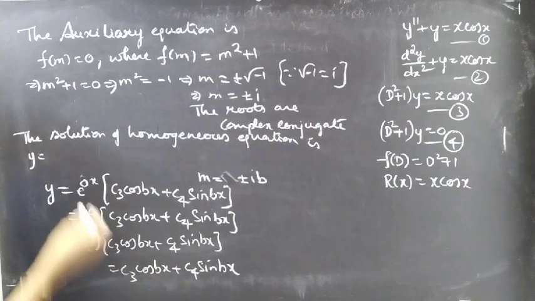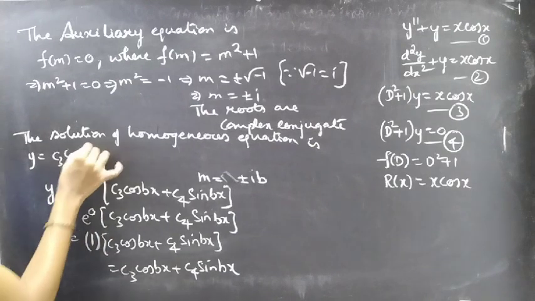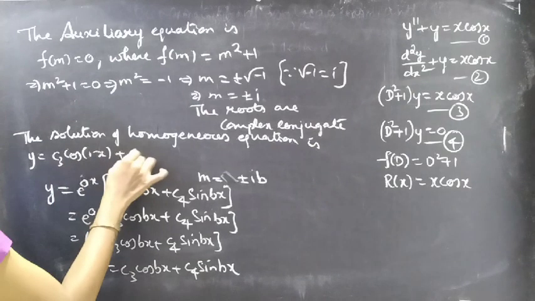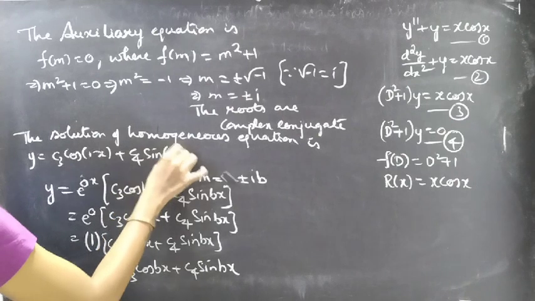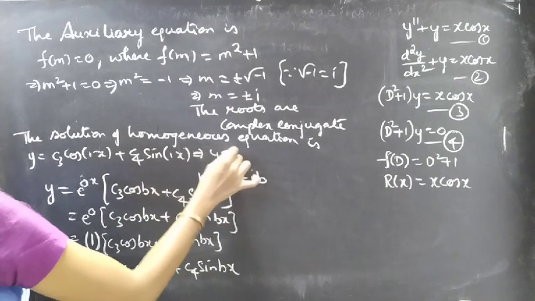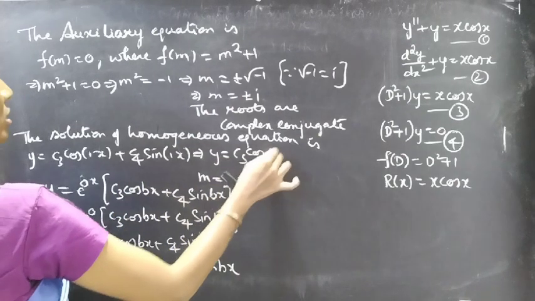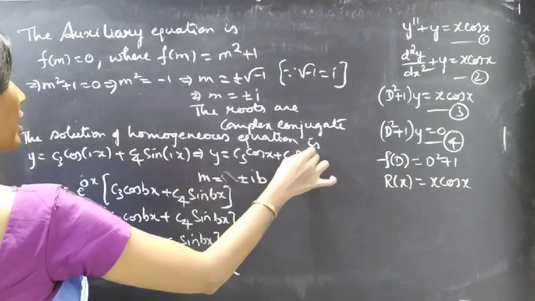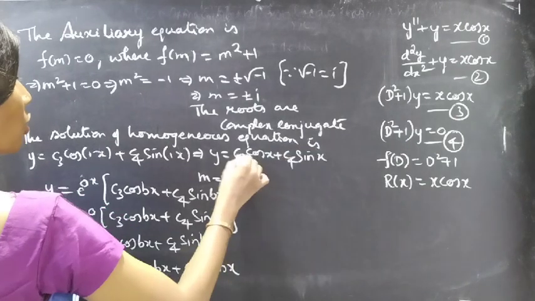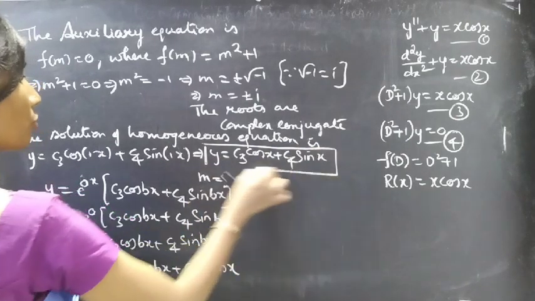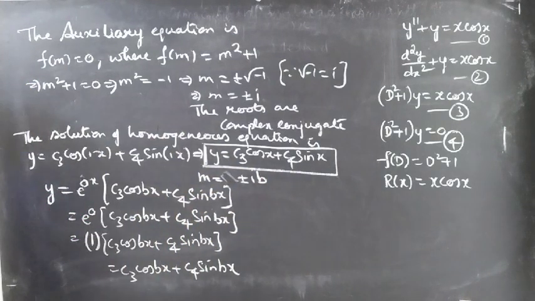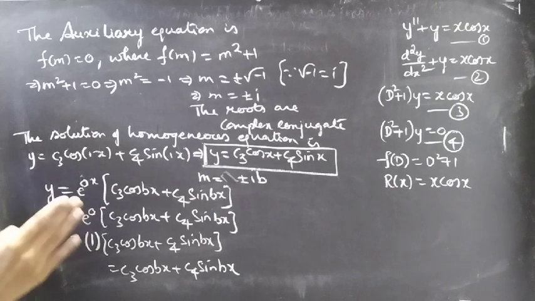Then for b equal to 1, we'll have y equal to c3 cos 1 into x plus c4 sin 1 into x. From this we get y equal to c3 cos x plus c4 sin x, which is the solution to our homogeneous equation. Now using this, we'll write the general solution of the given equation, or say 1, 2 and 3.